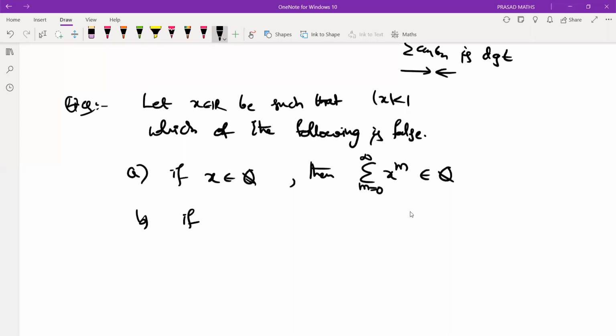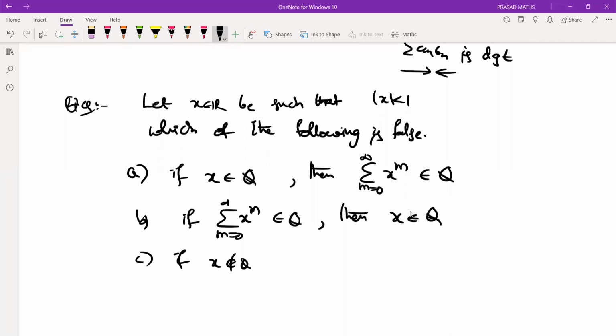Second, if summation m equals 0 to infinity x^m is a rational number, then the term x that you started with is a rational number. Next, if x is not a rational number, that implies summation m equals 0 to infinity m into x power m minus 1 is not a rational number.